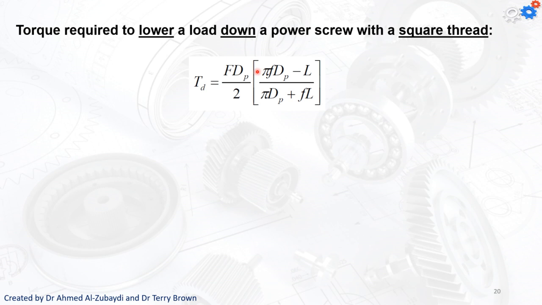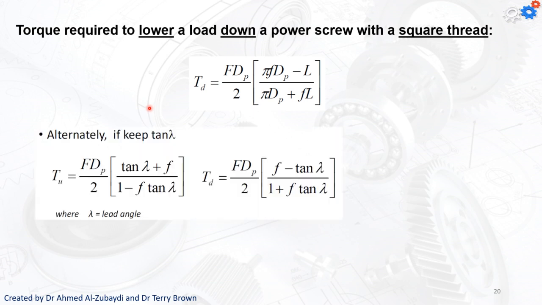What you can see is that the main difference is in the previous equation we had the plus, and here we have a minus. So anyway, if I'm going to show you both equations, the TU is going to be equal to the FdP multiplied by the tangent of the lambda plus the coefficient of friction, divided by 1 minus the F multiplied by tangent of the lambda.